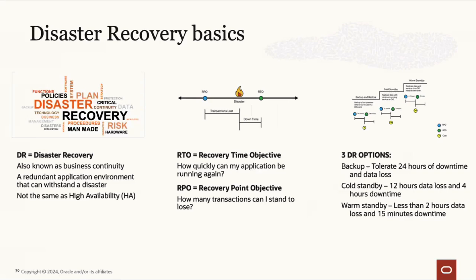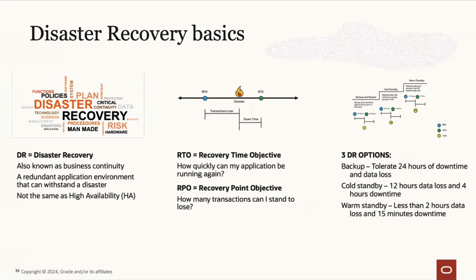Typically, the more critical the application, the lower the RTO, and the higher the cost of that option. RPO, or recovery point objective, is the acceptable time frame of lost data that your applications can tolerate. It's about how much data your applications can afford to lose in a disaster scenario.